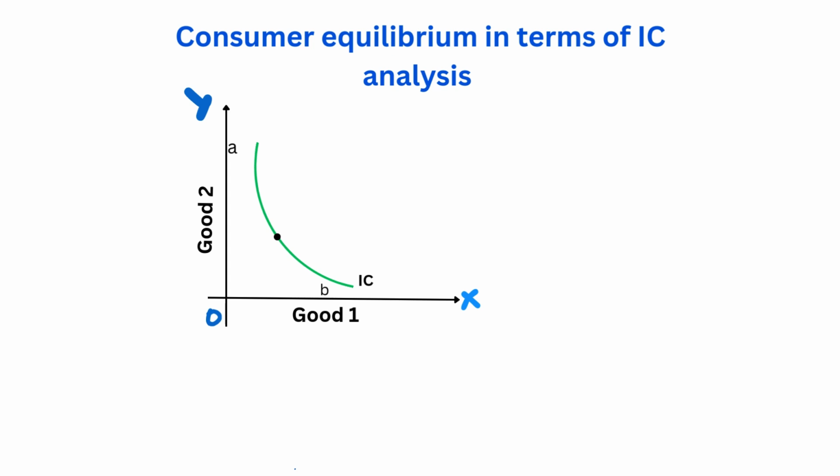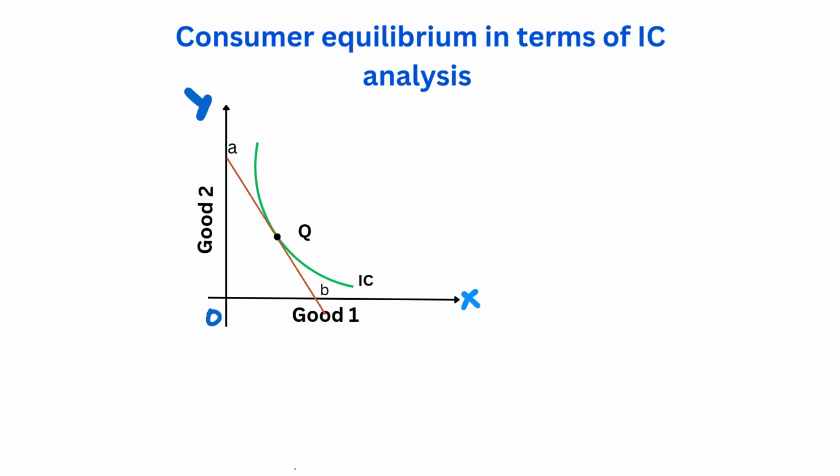Let's move forward toward the most important part of this chapter, that is consumer's equilibrium in terms of IC analysis. So learners, in the first part of this video, we learned about IC. And in this video, we learned about budget line. So here, when we draw the diagram of consumer's equilibrium in terms of IC analysis, it is obvious that we draw the IC curve and the budget line.